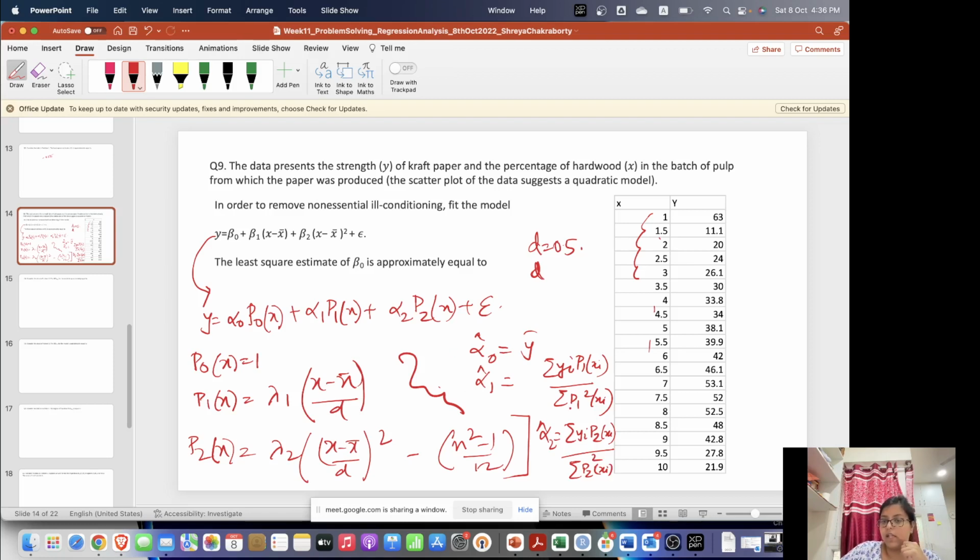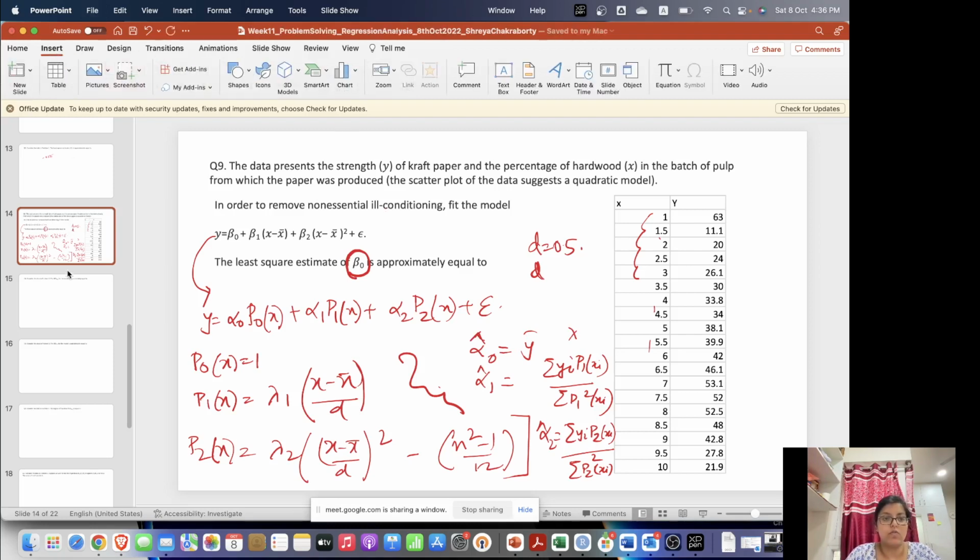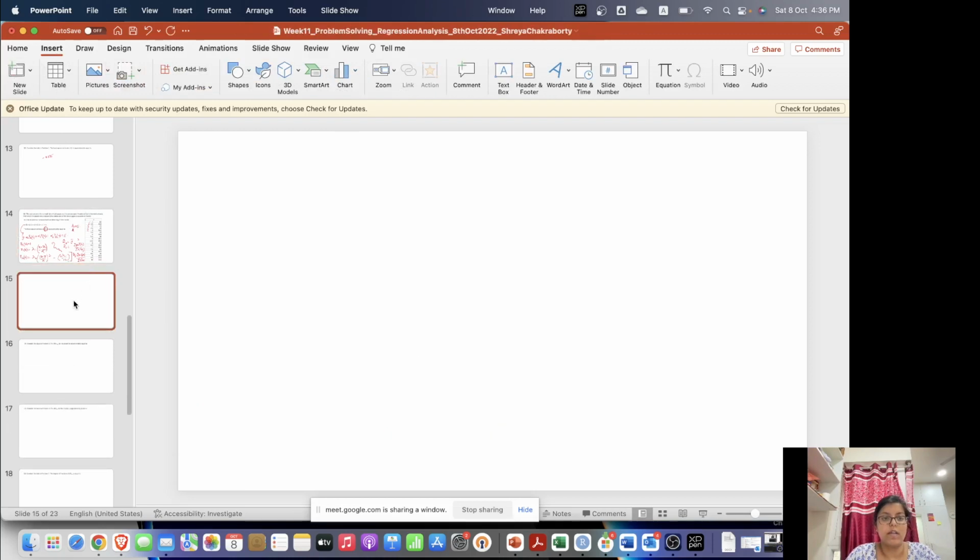So these things we know, but if we are asked to find out beta naught, then reporting alpha naught will be incorrect. Okay, so in such scenarios, what we need to do is this thing.